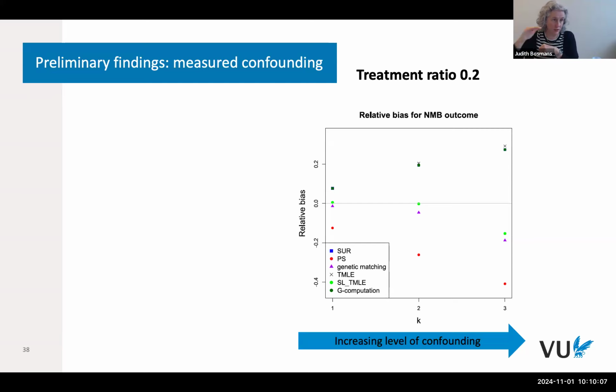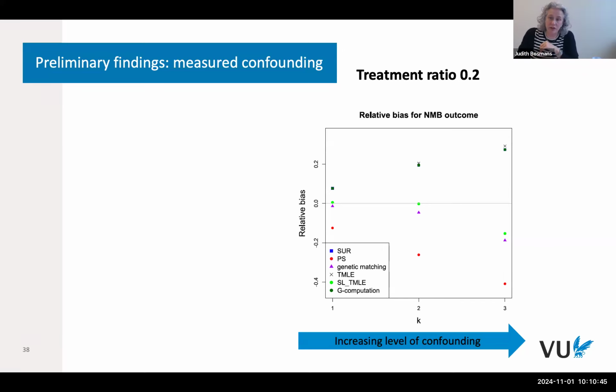So you can see that the relative bias, which is the proportion of deviation of the obtained outcomes from the true value, so that's the percentage of deviation from true value, should be as close to 0 as possible, of course, because then there's no deviation. And you can see that the higher the level of confounding is, the more bias there is, the larger the distance from the zero line becomes.